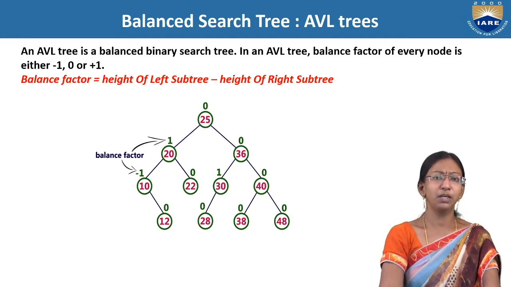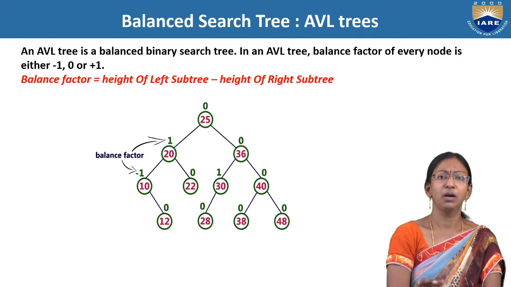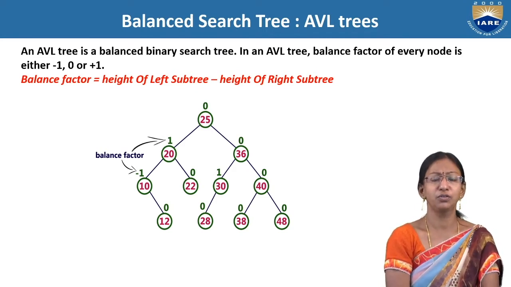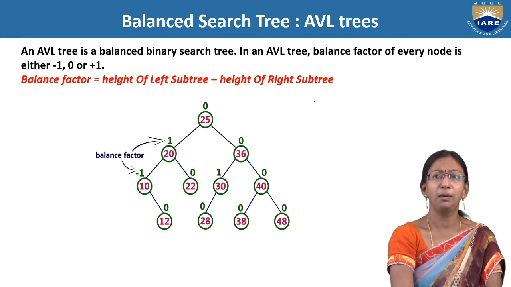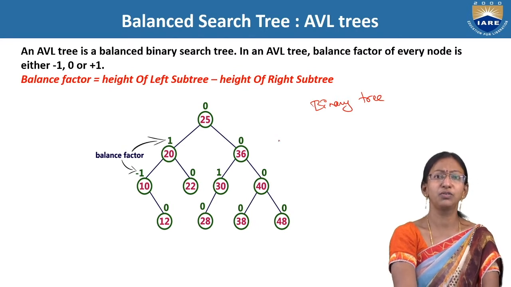One thing I want to make very clear is that balanced trees come from binary search trees. You can make a balanced tree out of binary search trees only. Prominently, a binary tree is a tree which must have only 2 children.